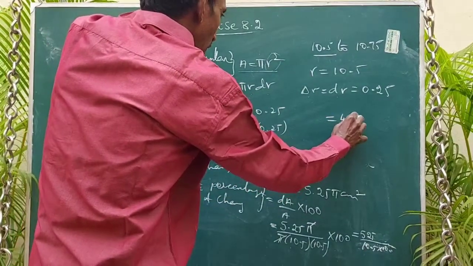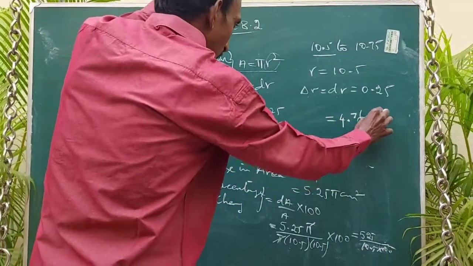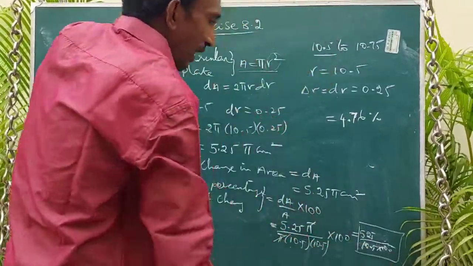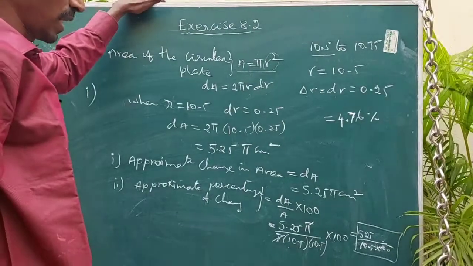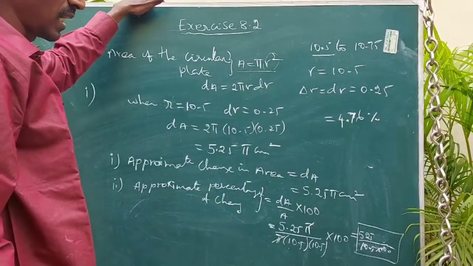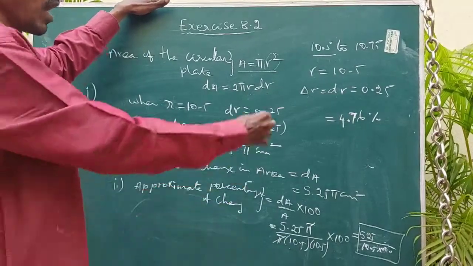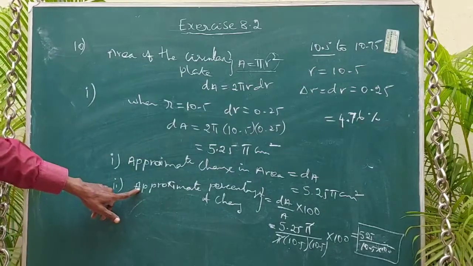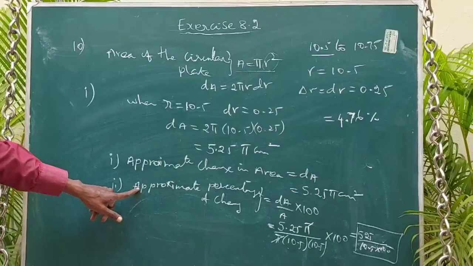We are getting 4.76%. It is your duty to find the value of 525 by 10.5 into 10.5, or 52500 by 105 into 105. We are getting 4.76%. That is the approximate percentage of change.